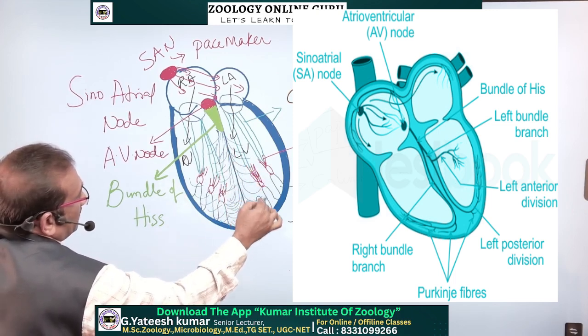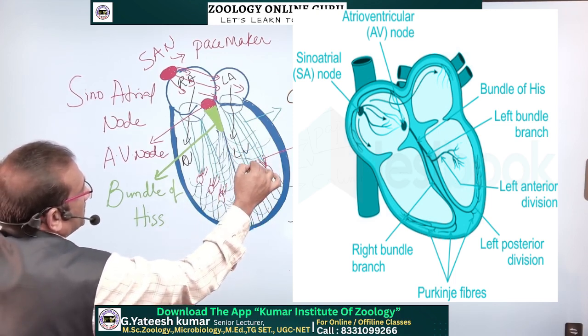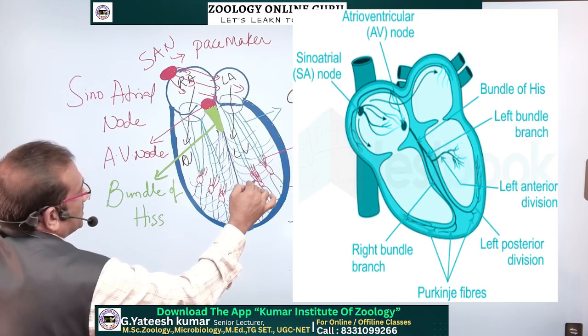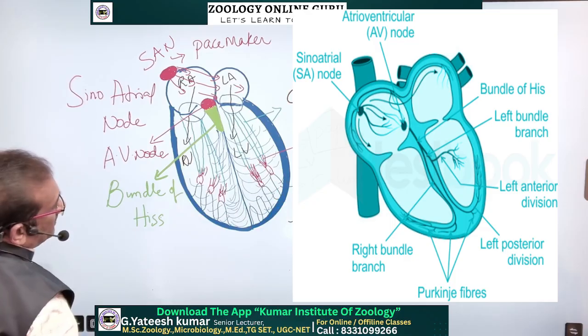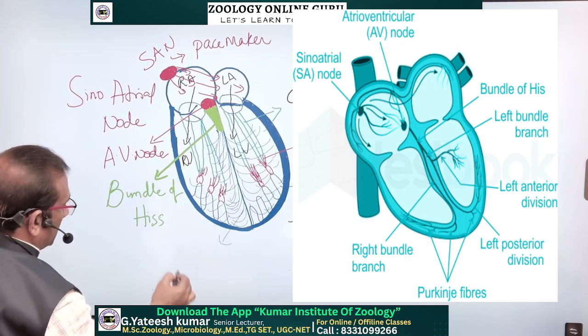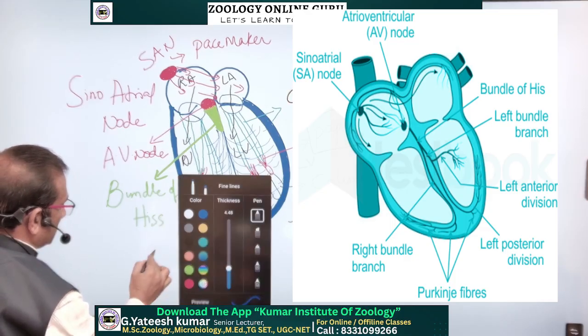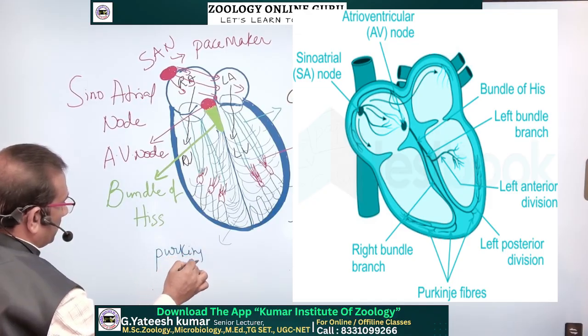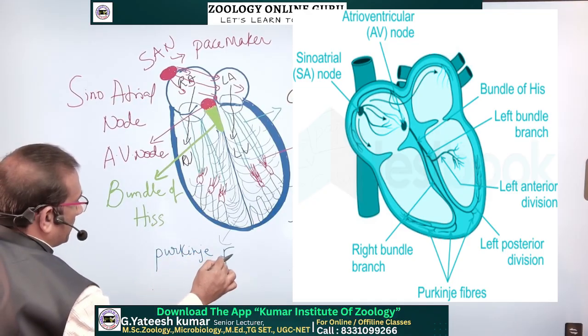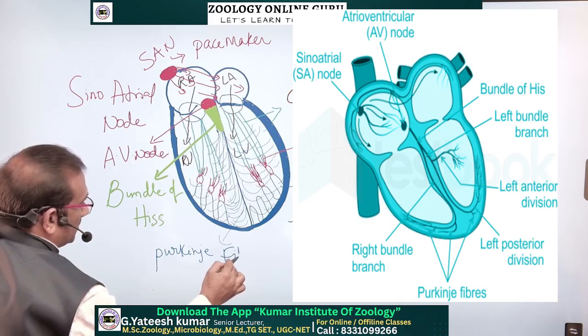So smaller fiber-like structures come and contact the total ventricles, and these fibers are known as Purkinje fibers.